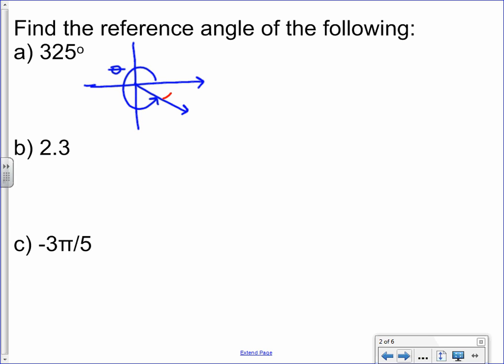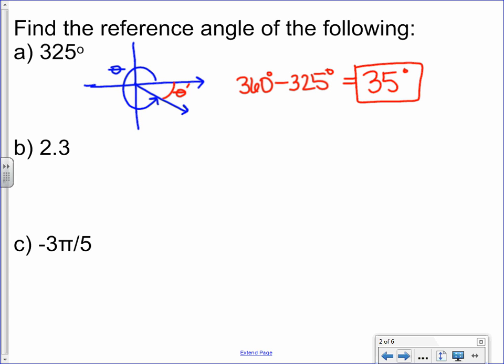So that would be this distance right here. Okay. How do I figure out what angle measure that is? If I look at our picture, the blue and the red angle makes 360 degrees, don't they? So I can take 360 degrees and subtract 325 degrees, and that is our reference angle.